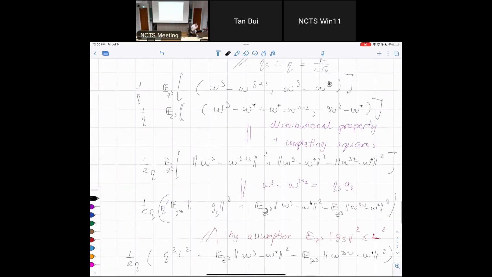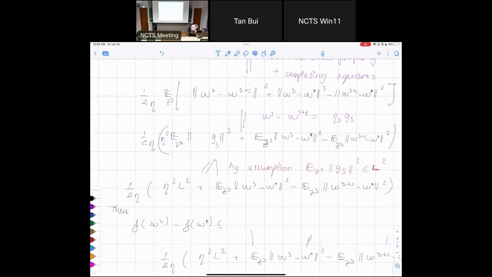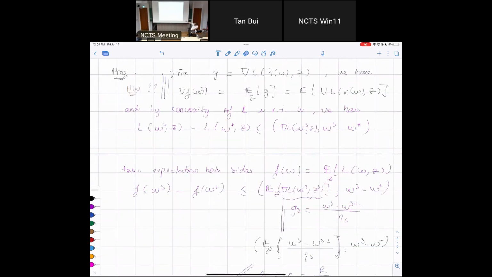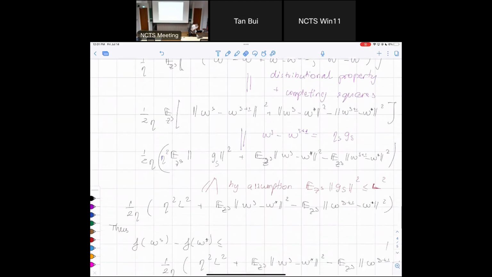Okay, so we conclude, right? Thus F of W_S minus F of W star is less than or equal to what we just wrote here, the whole right hand side here. I'm going to copy and paste here, because we start with W_S minus W star, and then we use convexity, and then we just do elementary manipulations.